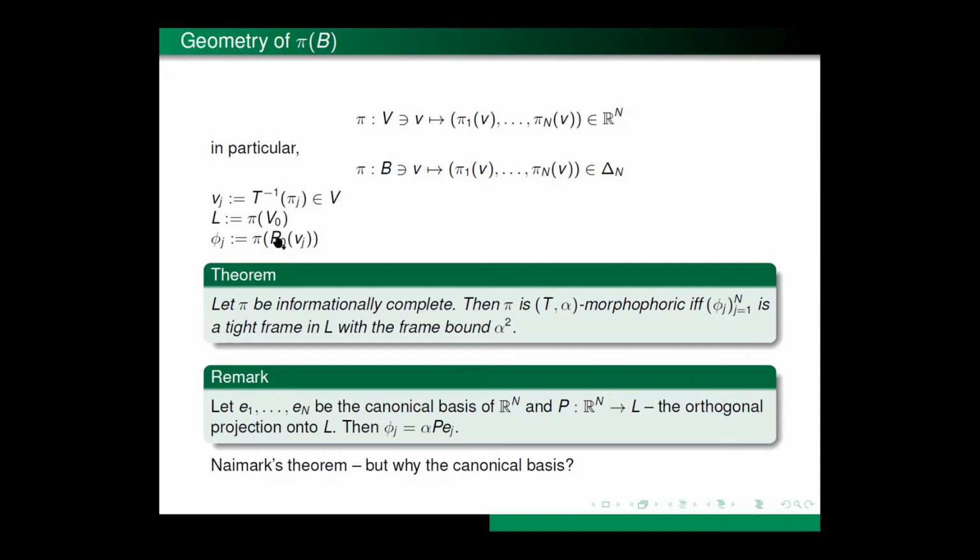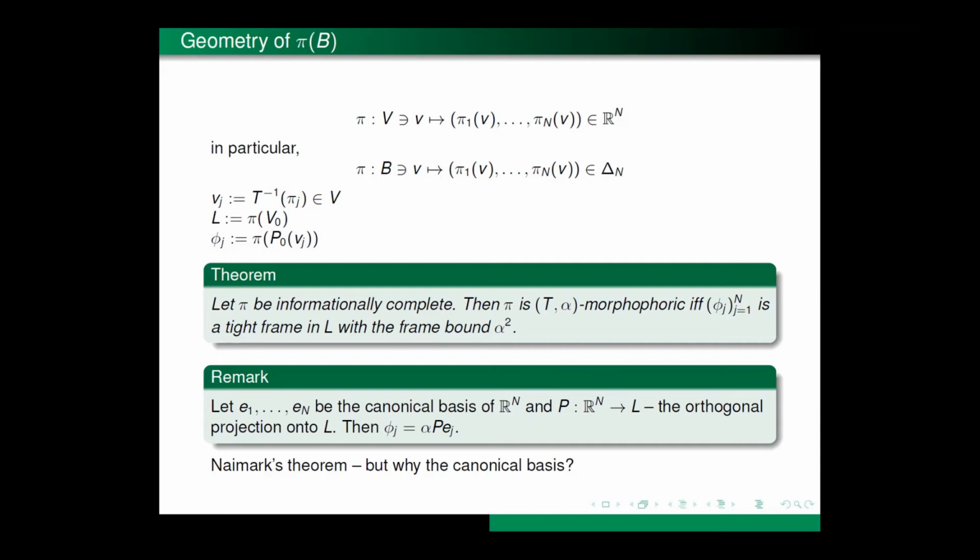We know that P0 Vj, in case of the morphophoric measurement, is a tight frame in V0. Now we would like to show that these phi j are also a tight frame, but in the linear space L, which is this space V0 mapped by the measurement P to the n-dimensional real space.